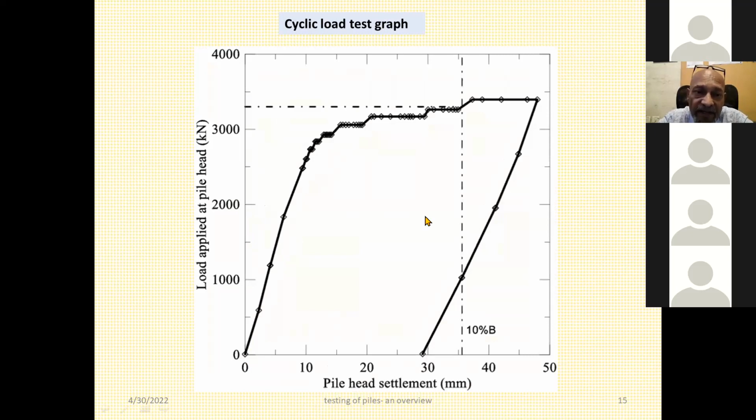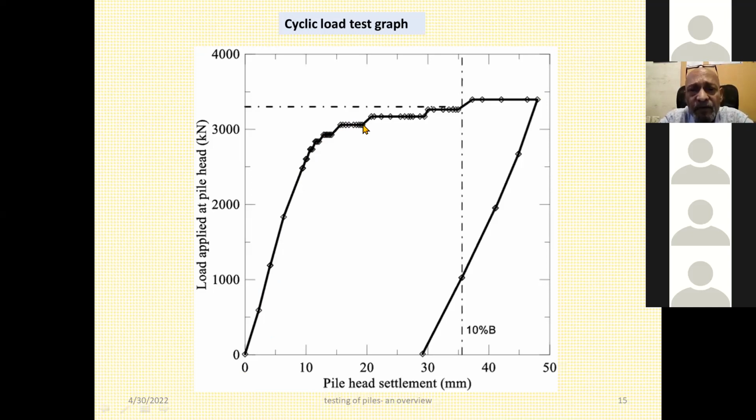As I said, in the cyclic load, we measure the settlement, downward settlement. We also measure the uplift of the pile while unloading the weight. So this is the kind of typical graph which is obtained. This is the settlement while loading. These are the intervals. You will see that the settlement keeps on decreasing for the same interval of time.